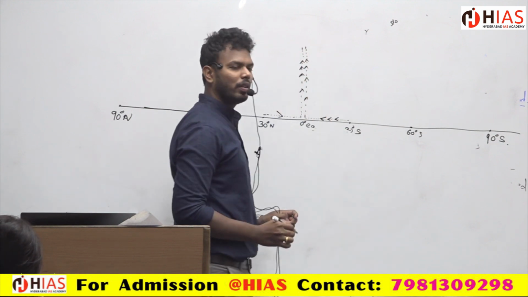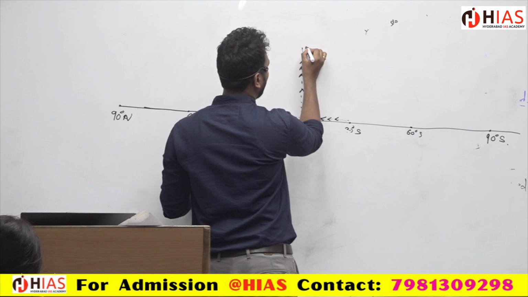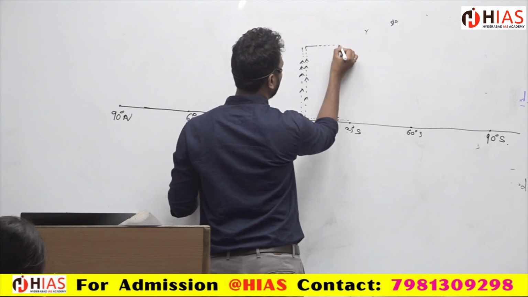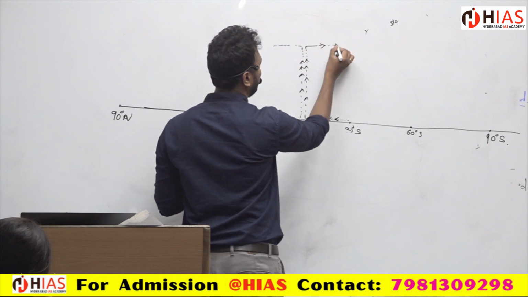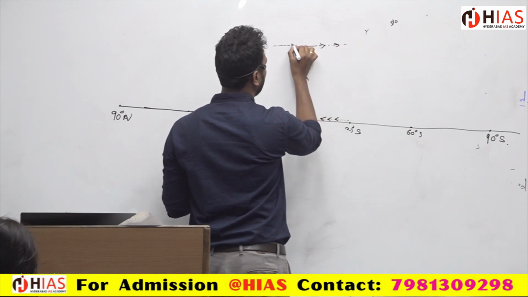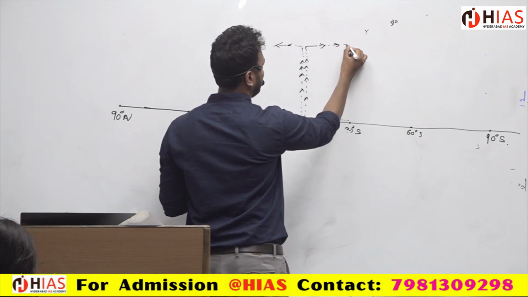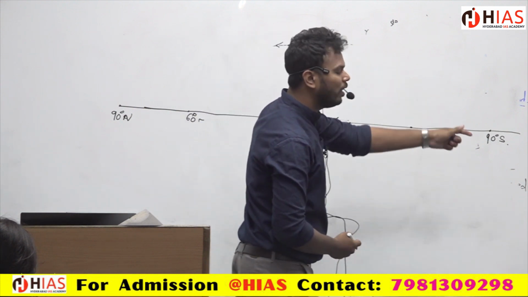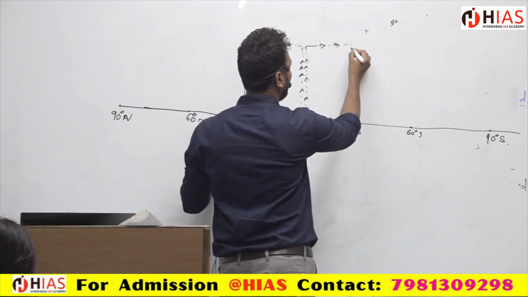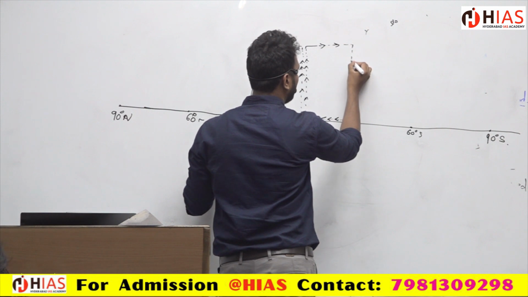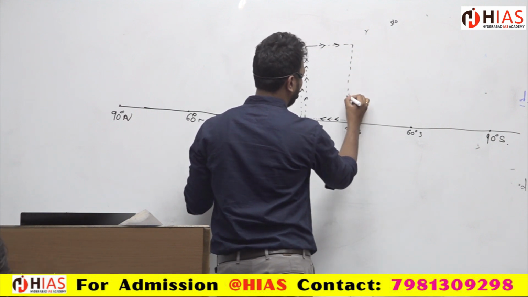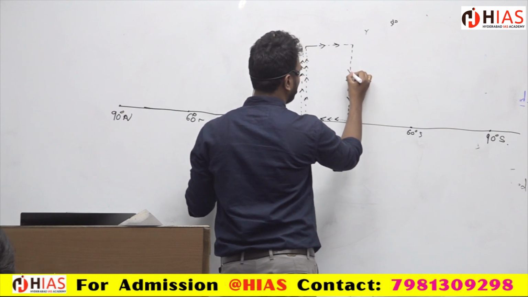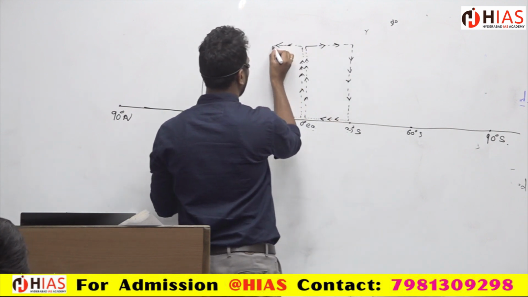This is the tropopause. What happens? They get deflected. They try to go to 90 degrees, but they will not go. Why will they not go? Because of the rotation of the earth.